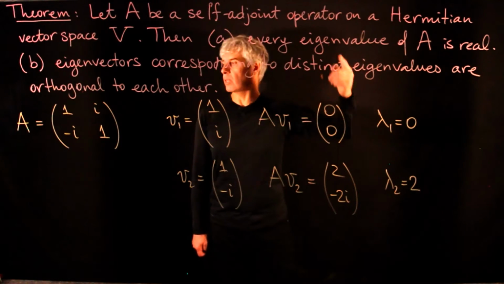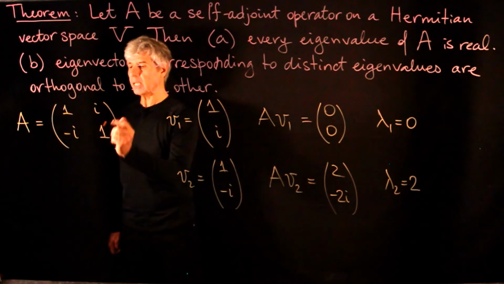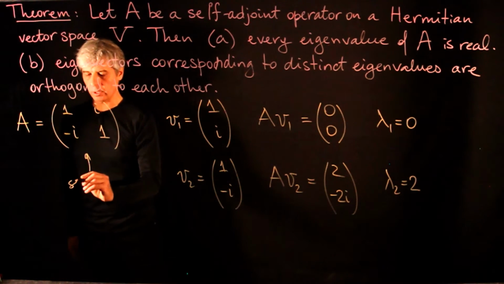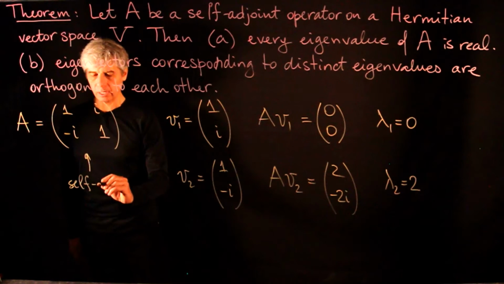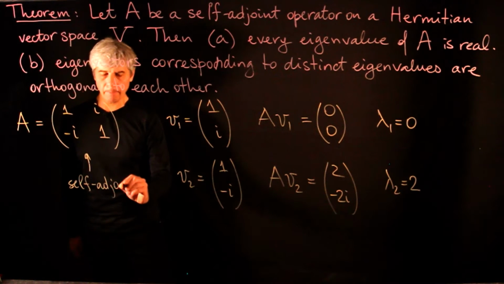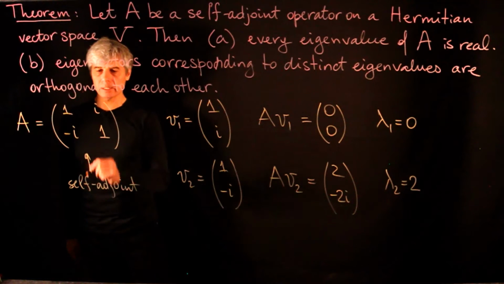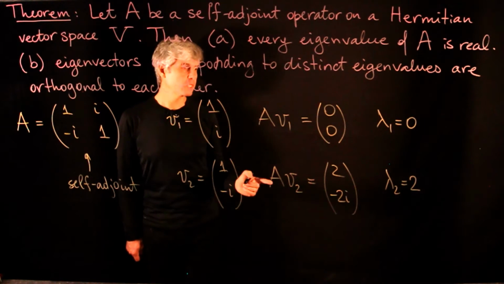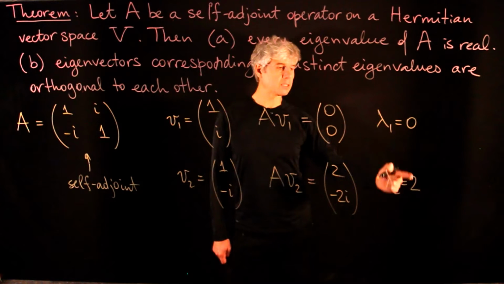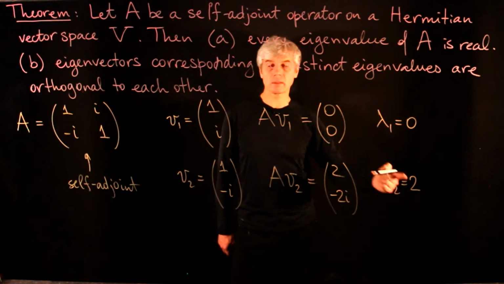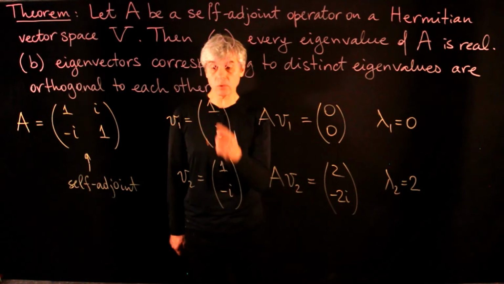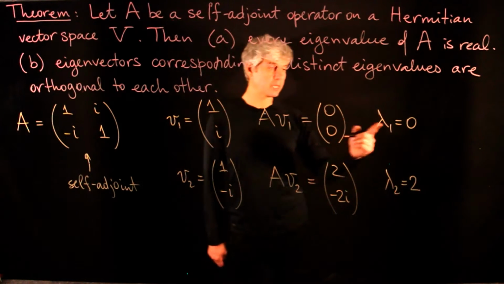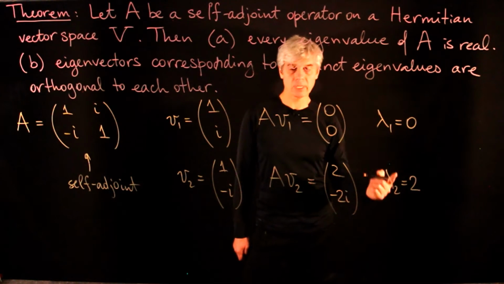This operator is self-adjoint because its real part is symmetric and its imaginary part is skew-symmetric. And we see indeed that the eigenvalues are real. The eigenvectors themselves are not real, but the eigenvalues are real numbers.